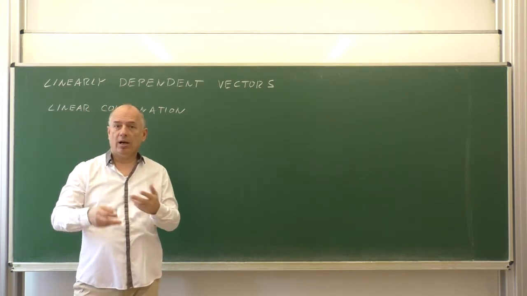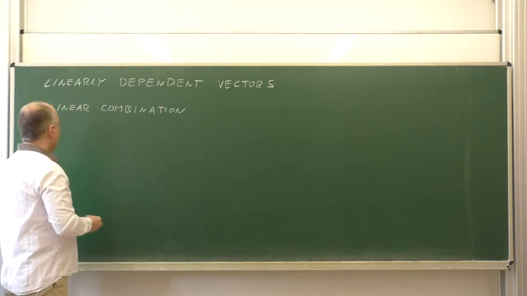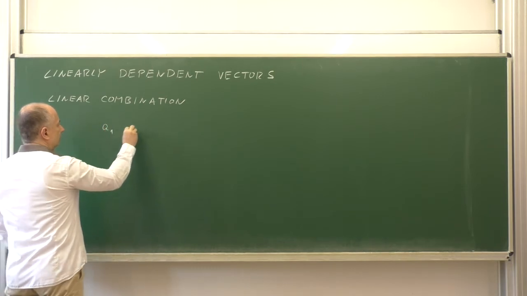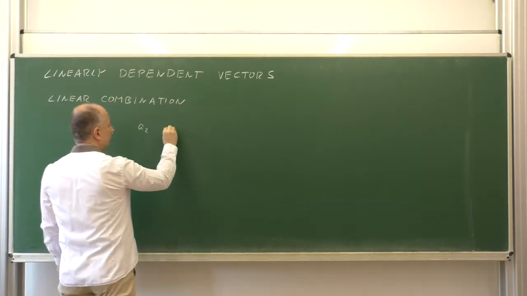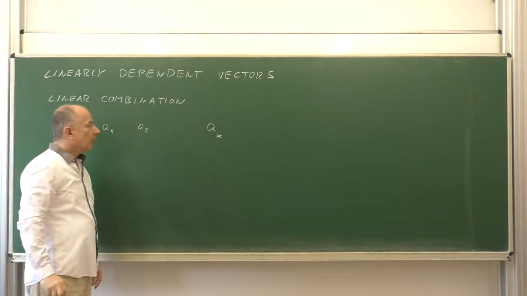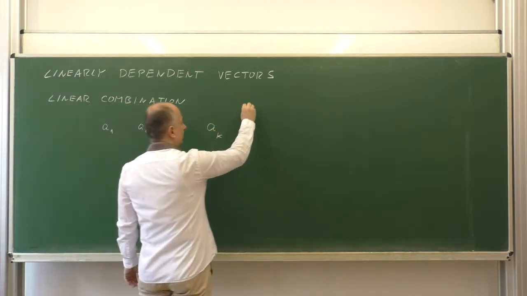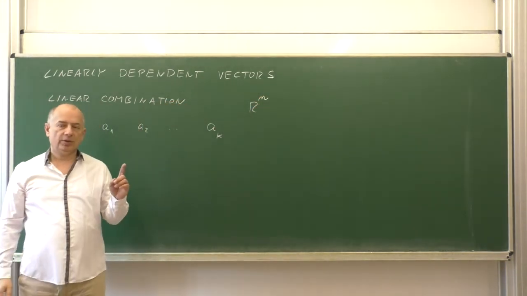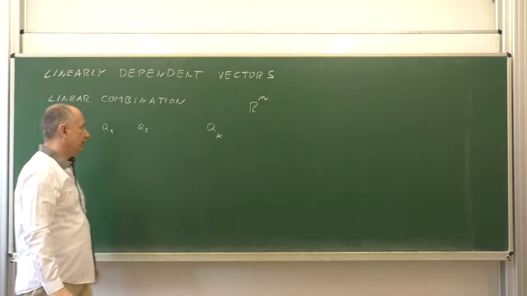So we can combine these two operations, and for vectors a1, a2, up to ak, each from a common space Rn. That means each of the vectors must have the same number of components.